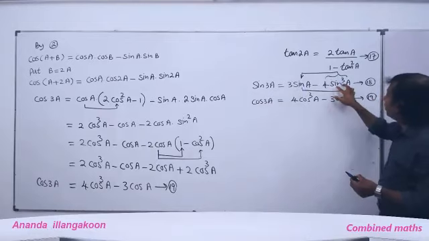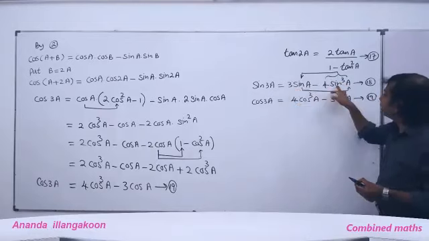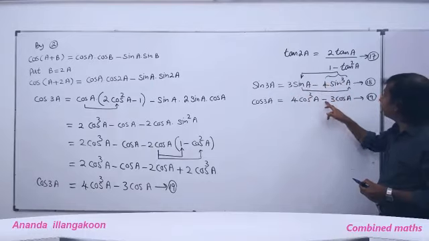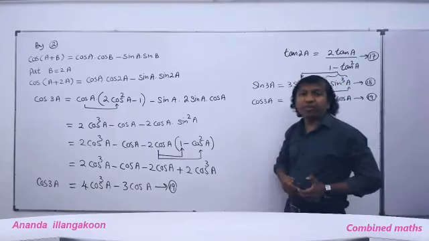See here, taking this to here, write this sin as cos, what do we get? 4 cos cube A, this is coming. Taking this to here, with minus sign in the middle, 3 cos A coming. So then cos 3A, you can very easily remember.